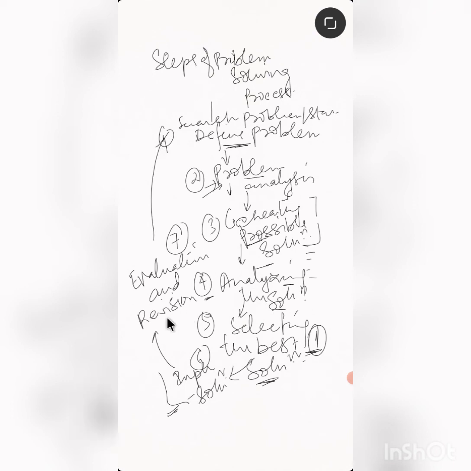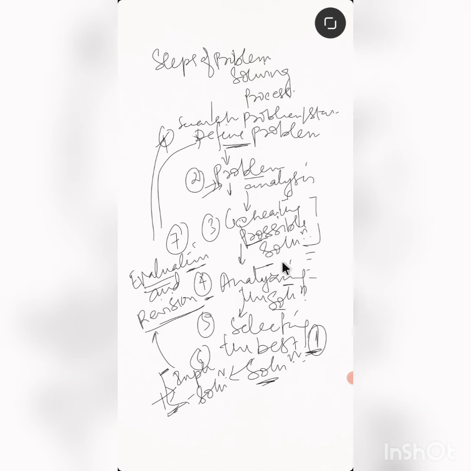Evaluation and revision means evaluation of the implementation part of this problem solving process. How it was implemented, how well executed, whether any problem came up, and if a problem came, where it came, all this will come under the evaluation part. And the revision, what do you mean by the revision? If any problem came during the execution part of this solution, then we need to rectify that, and certain rectification is made by us at that stage, and then again the process of problem solving will start in another setting.